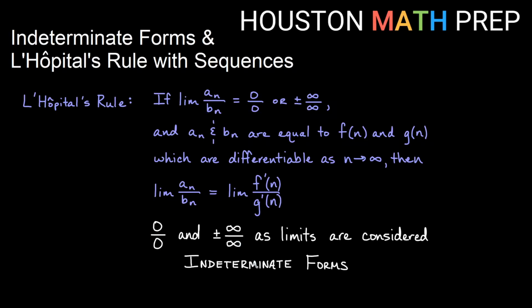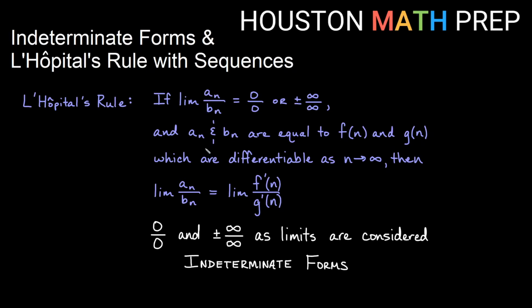So these limits are actually called indeterminate forms, and the way we deal with indeterminate forms, if you recall from dealing with these in functions, is we've had the limit of some function over another function. We've taken the derivative of those functions separately and then tried to evaluate the limit again that way, and that's called L'Hopital's rule.